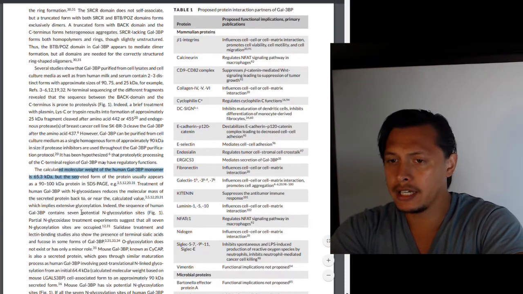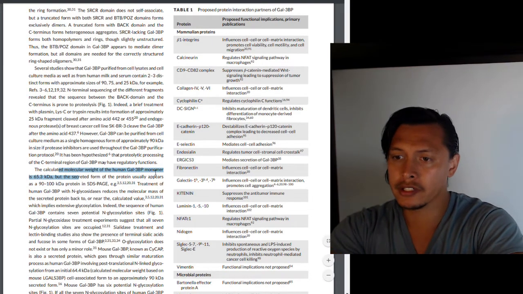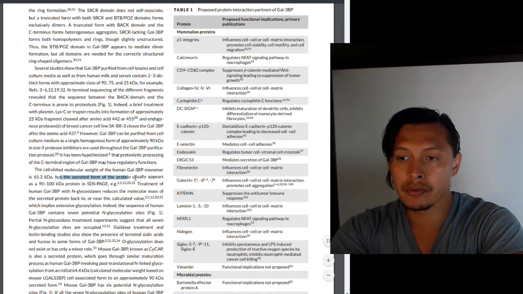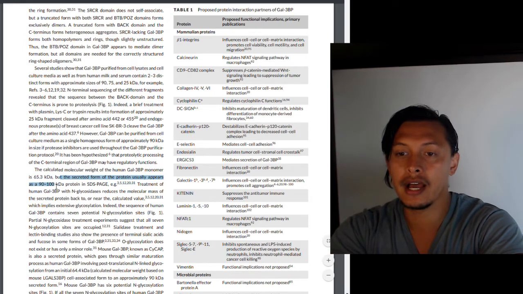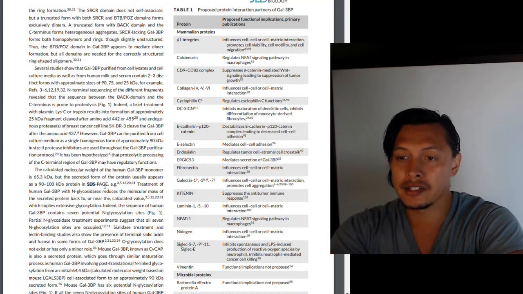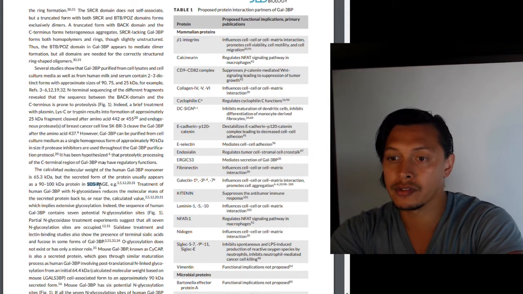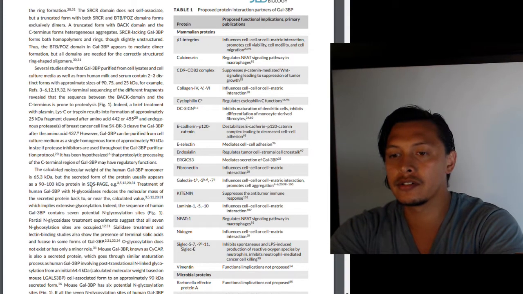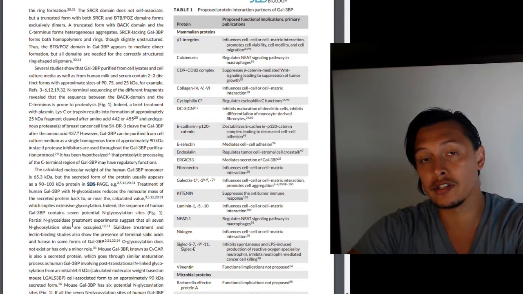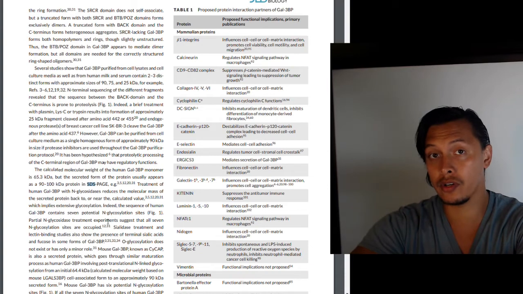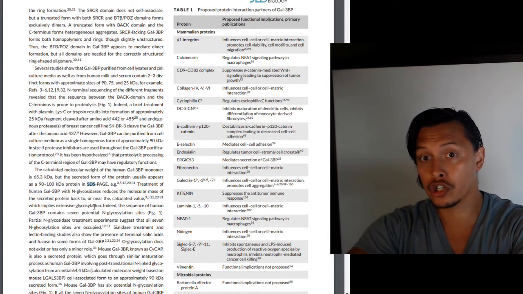So the calculated molecular weight of human Galectin-3 binding protein monomer is 65.3 kilodaltons, but the secreted form of the protein usually appears as a 90 to 100 kilodalton protein in SDS-PAGE, and this is sodium dodecyl sulfate polyacrylamide gel electrophoresis. Just know that SDS is a detergent that completely denatures the protein and also gives it a uniform charge.